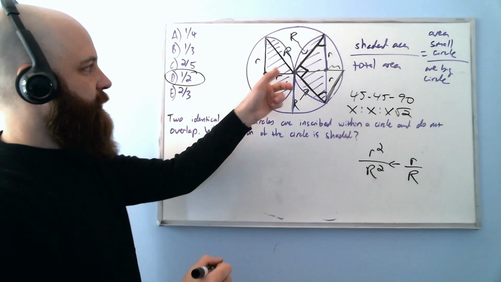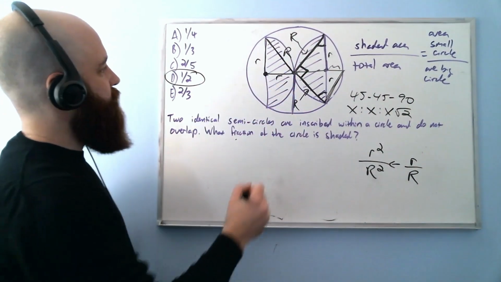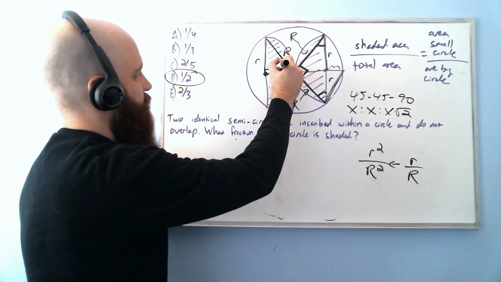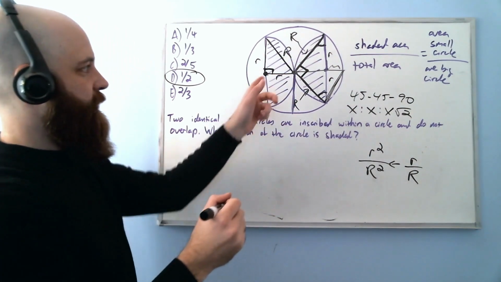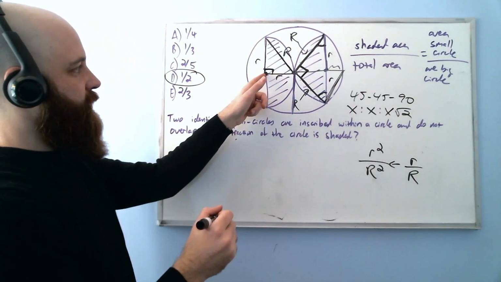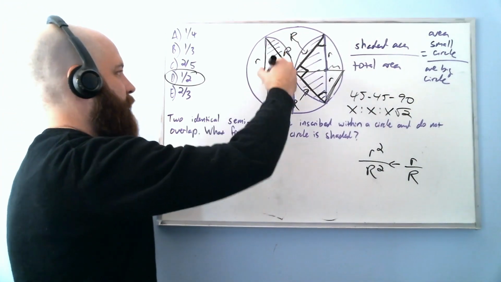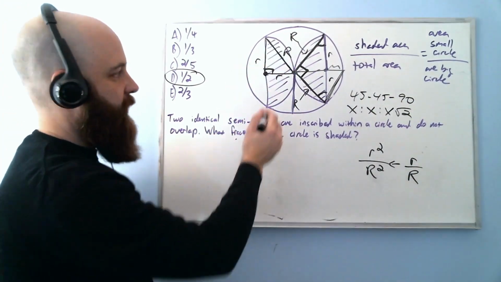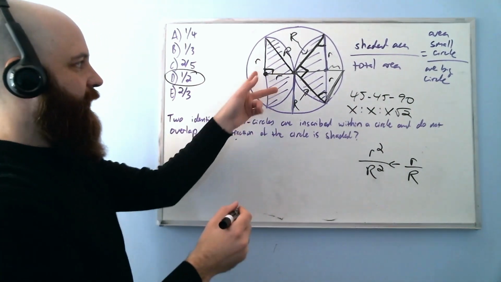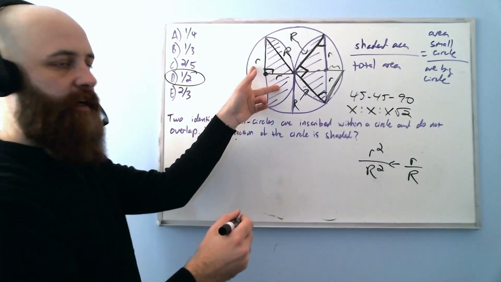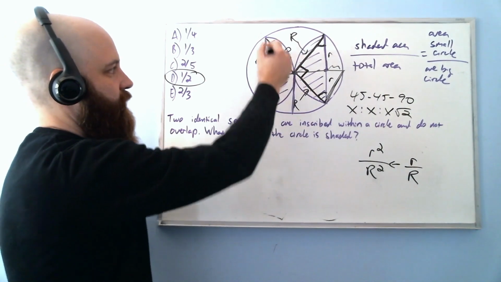Okay, and now notice because of the symmetry I've created here, this is also going to be a right angle. If I go from the center of this circle to the very highest point right here, I'm cutting this semicircle in half. That has to be a 90-degree angle. And I've got another 45, 45, 90 right here, an isosceles right triangle.